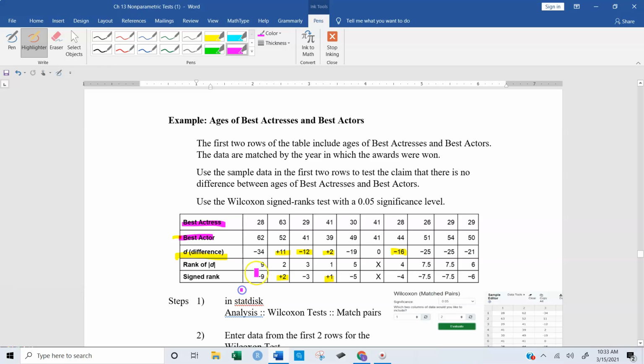All right, StatDisk will do this for us, but we have to understand, by the way, the 7.5, which I think you should look at here. The reason this is 7.5 is this is 7 and 8, but they are both identical. Since they're both identical, when you rank them, you add them and divide by 2 and give them the exact same number. So that's why those are 7.5 instead of 7.